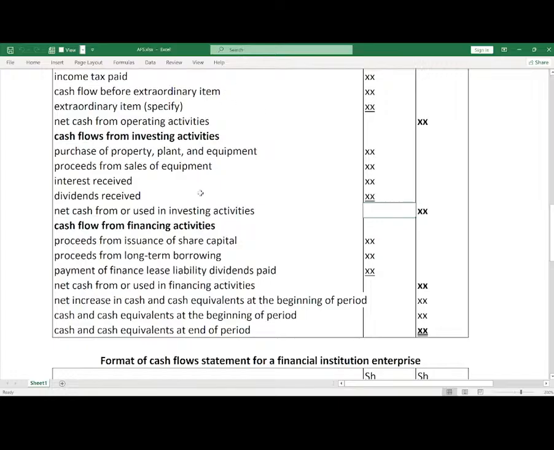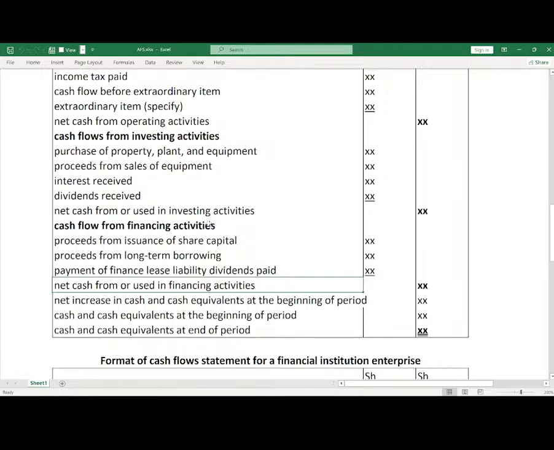In the investing activities and financing activity, we don't have so many things under the indirect method. The cash flow from financing activity: here we have proceeds from issuance of share capital, proceeds from long-term borrowing, payment of finance lease liability, dividends paid, so that we get the net cash from or used in financing activities.